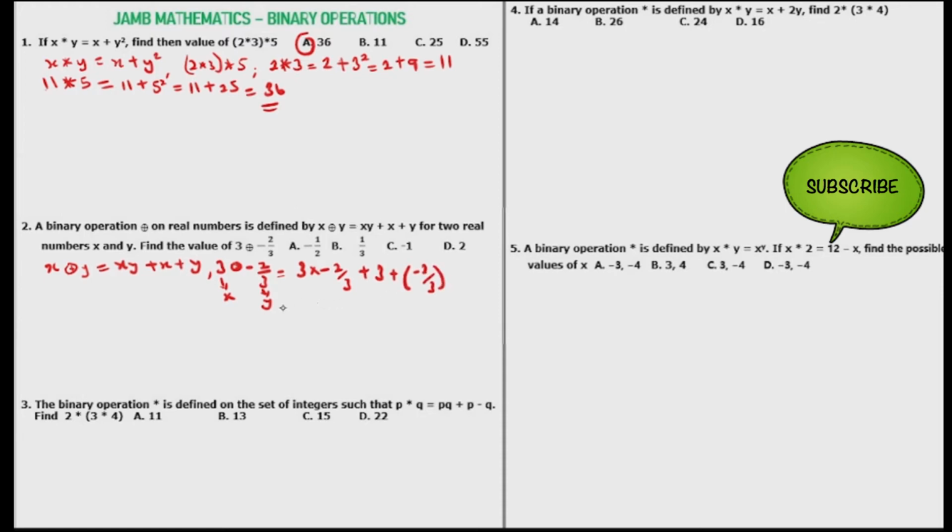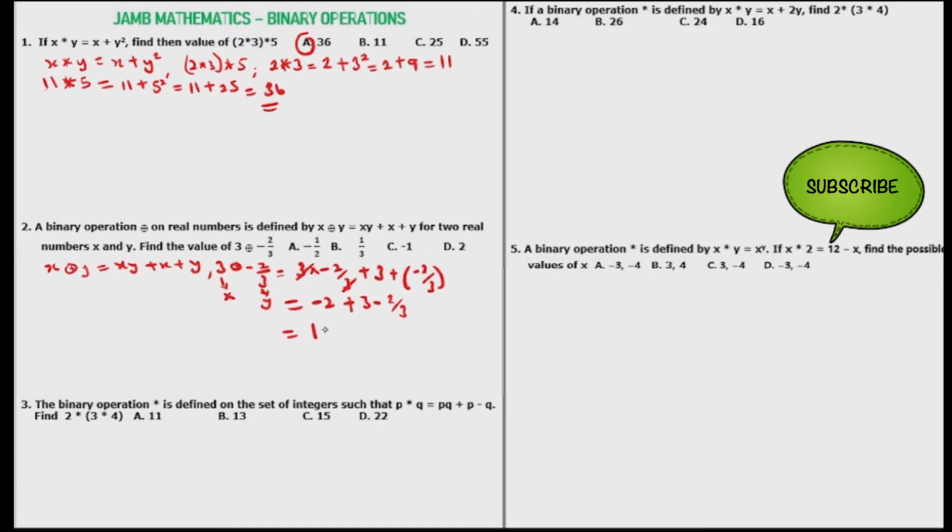Because of the minus sign, we have to put it in bracket to avoid any form of error. So this 3 cancels this 3 here. We are left with minus 2 on this part, plus 3, plus times minus is going to give you minus 2 over 3. So now minus 2 plus 3 is going to give you what?